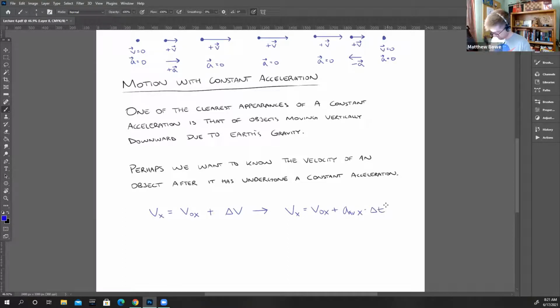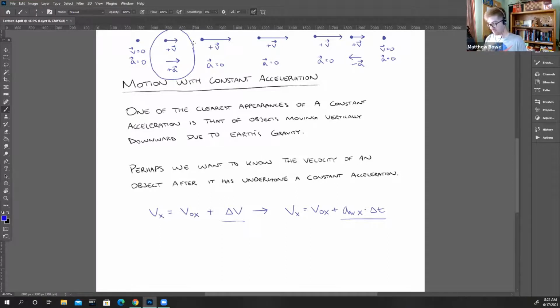So I'm replacing delta v with the average acceleration for how long it was accelerating. That's my way of saying I want to figure out the acceleration going on in here.